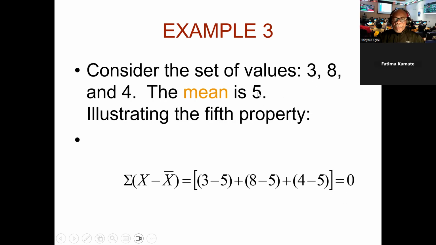If you subtract the mean from each of these values, and add the differences, you get a 0. It's always so. It is never different. Okay? That is the sum of the x values from the mean. 3 minus 5, 8 minus 5, and 4 minus 5 will always be 0. If you do any calculation where the sum of these differences is not 0, then there's an error in the calculation.